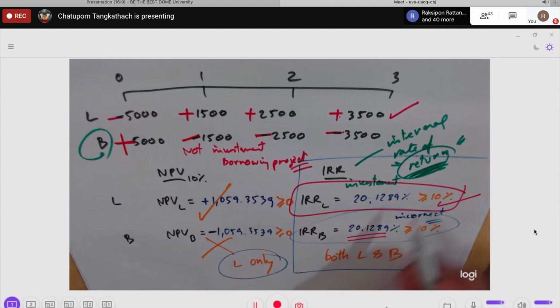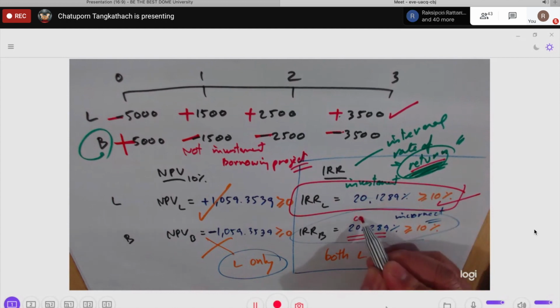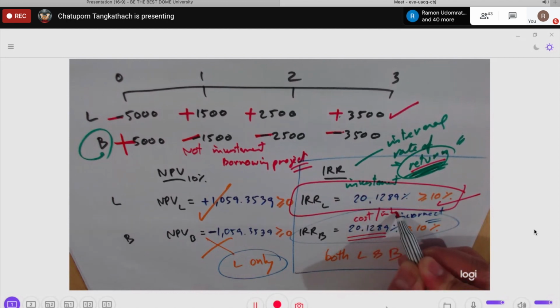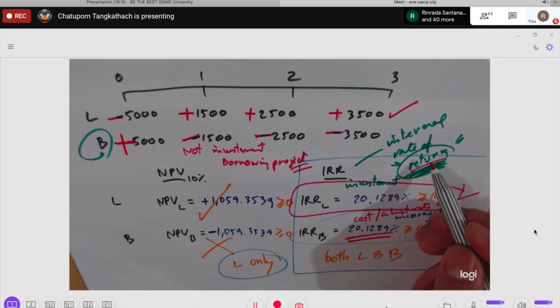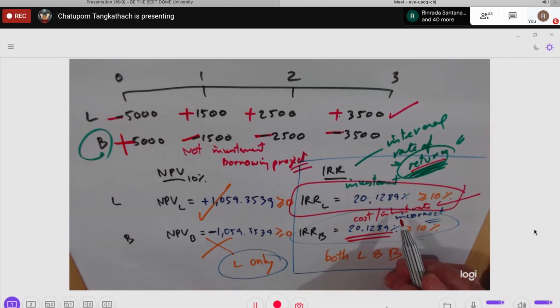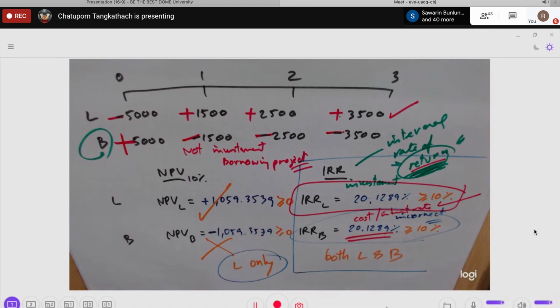So the rate that we get, 20.13%, is not a return, but a cost or interest rate. Since 20.13% is an interest rate or cost, we cannot say that this is IRR by definition, or a return, but it is the interest rate being charged to us, the cost that the firm is required to pay. So it violates the definition of IRR, since we define IRR as the return from the project, not the interest rate.